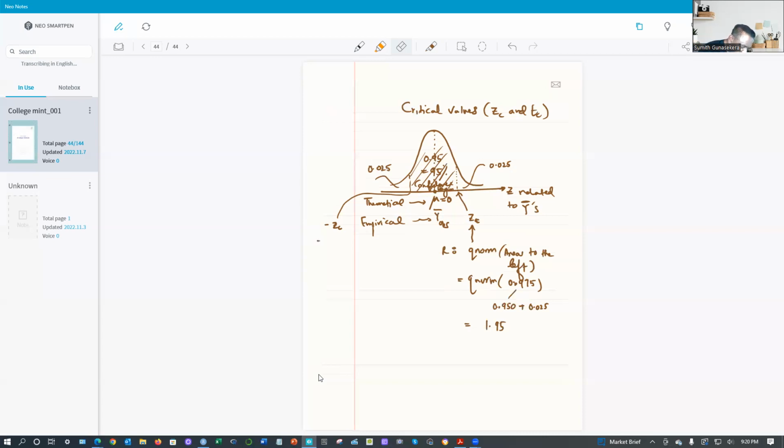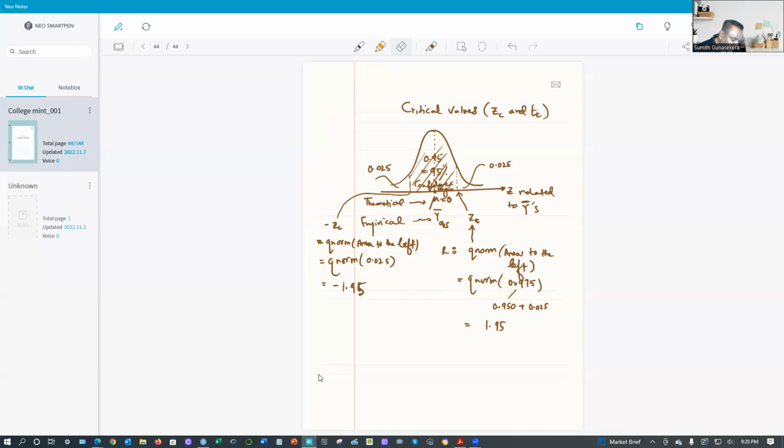And if you want this one, again we do qnorm, area to the left is 0.025. You're going to get negative 1.95.